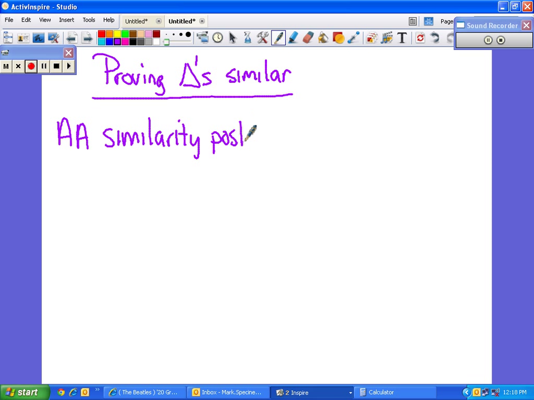similarity postulate. And basically you'll see it as this A, and then a squiggly line. Angle, angle.